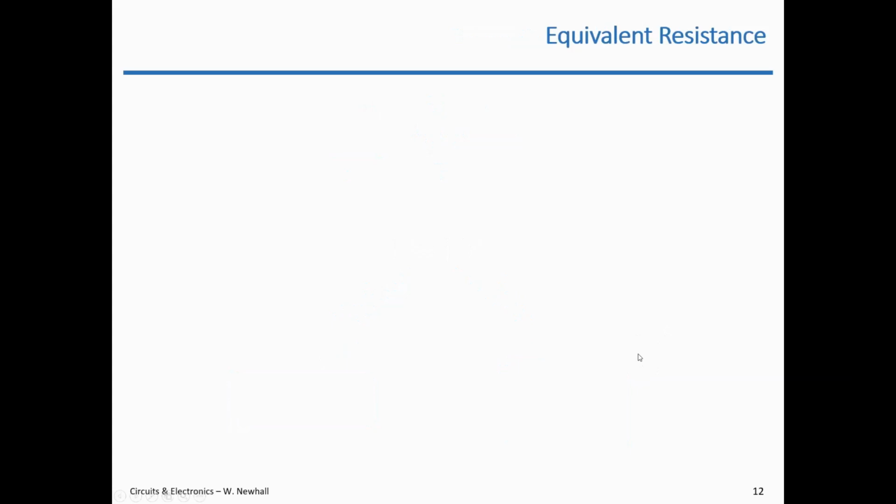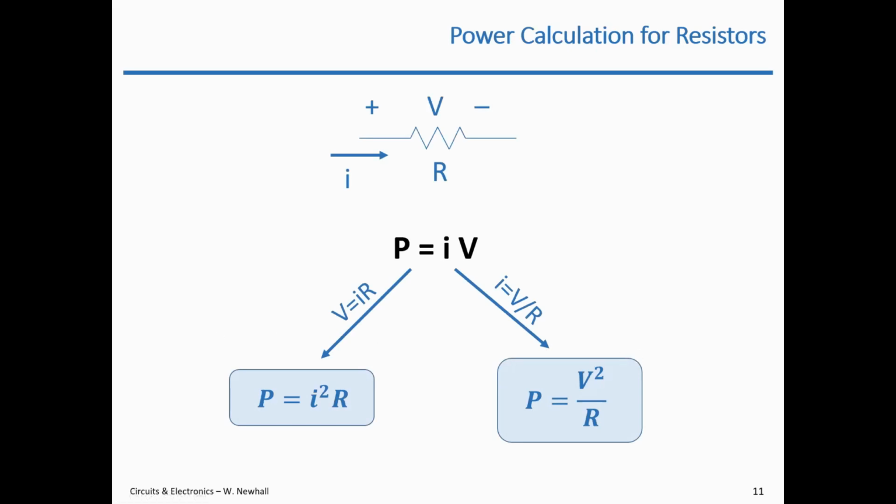So a lot of times there are many cases where you would like to know the equivalent resistance of maybe a bunch of resistors that are in a circuit. Let's go back to the question. So if you increase R, does power go up or down? That's a great question. Look at that. If you increase R here, power goes up, right? What the heck is with that? When over here, if you increase R, power goes down.